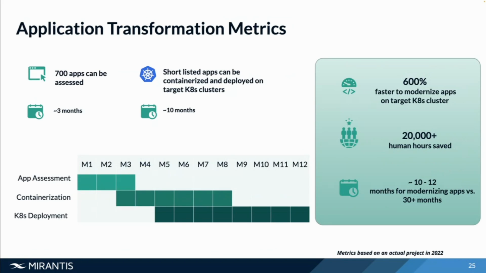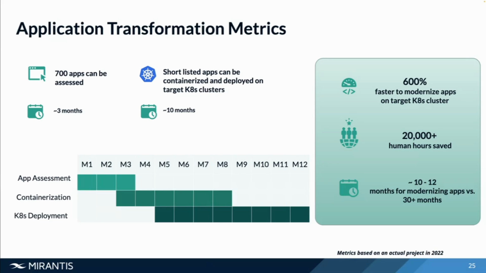Definitely, if you want to see that in action, this is an example of one of the projects we realized in 2022. That customer had 700 applications to migrate, and you can see some of the metrics here, right? So we took 3 months to assess these applications. And from these 3 months, we started to migrate and containerize these applications, and it took us around 6 months to do that.